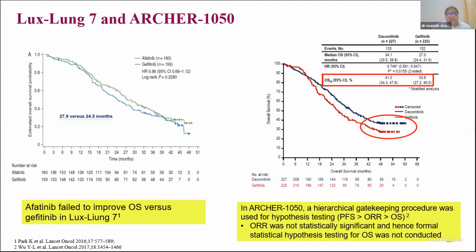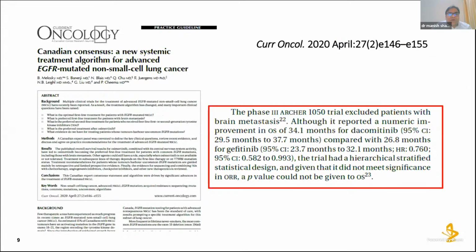That is, if PFS is significant, then the overall response rate will be tested for significance, and if the overall response rate is significant, then the overall survival would be tested. And hence the formal OS was not conducted in ARCHER 1050.